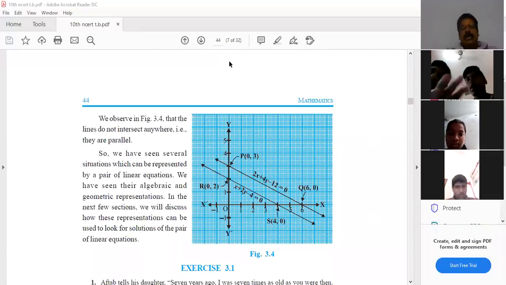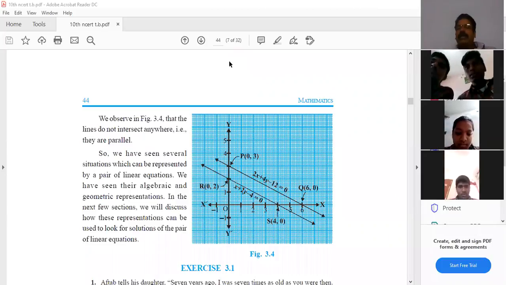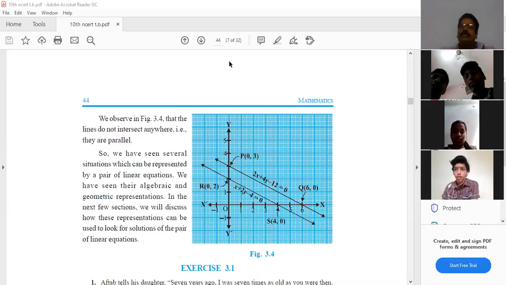And see in this, the two lines are not intersecting anywhere. That's why we have no solution. In the first example, they intersect at one point. That's why one solution. In the second example, coincident lines means every point is a solution. Infinitely many solutions. In the third example, here the two lines are not intersecting. That's why no solution. Okay, these are the three conditions.